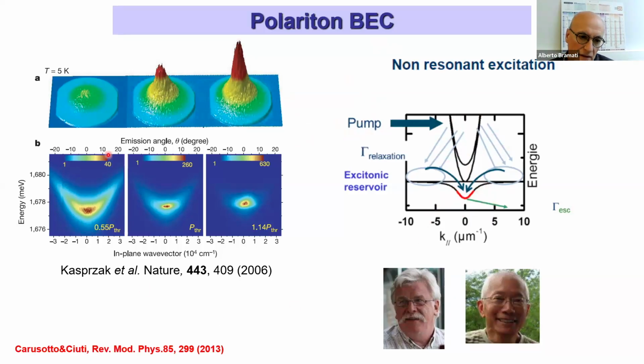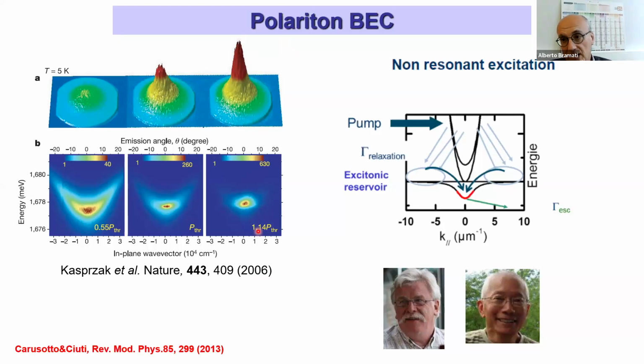When the threshold for condensation is crossed by the system, what is observed is the appearance of this macroscopic population in the ground state, accompanied by the narrowing of the emission in the momentum space around the k=0 wave vector, which is the smoking gun of the polariton Bose-Einstein condensation.